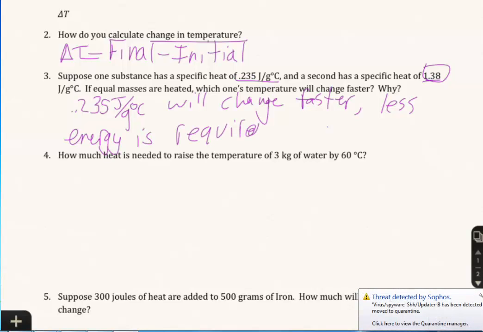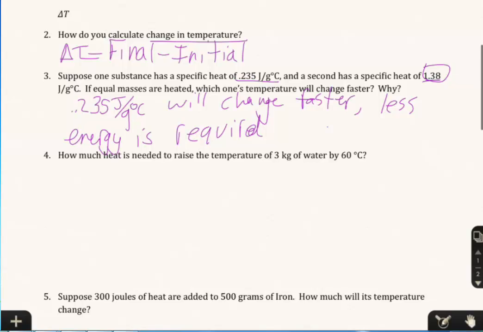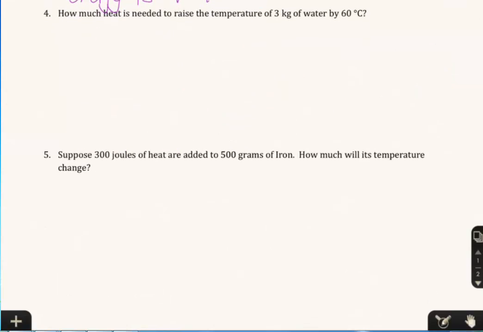Let's take a look at the next problem here. Okay, it says, how much heat is needed to raise the temperature of 3 kilograms of water by 60 degrees Celsius? Well, always keep in mind that when we're talking these heat problems, we're always going to use this same formula, Q equals mc delta T. Okay? And the trick to solving any of these problems is to recognize these numbers, these given things in the question.